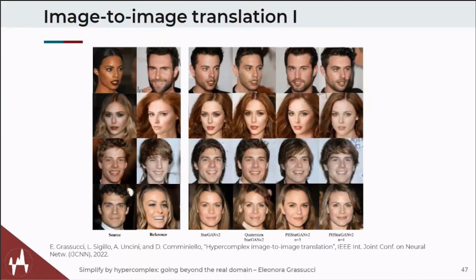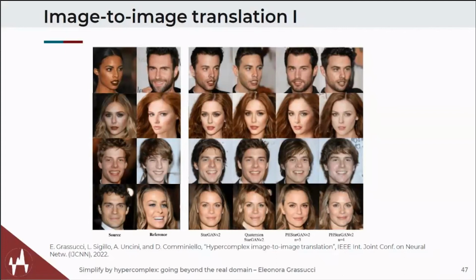You can see here the image-to-image translation task, in particular the reference analysis. We learn the reference style from the reference image, and we translate the source image into the new target domain learned from the reference image.